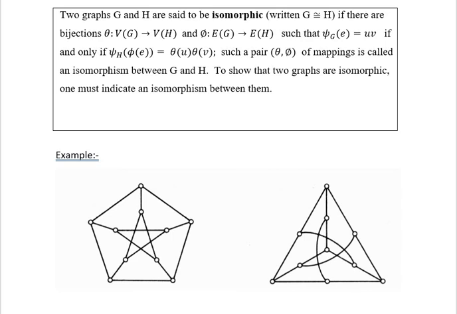Their incidence relation is also preserved because each vertex has three edges incident on it, and that is observed in both the graphs. So they are preserving the isomorphism.